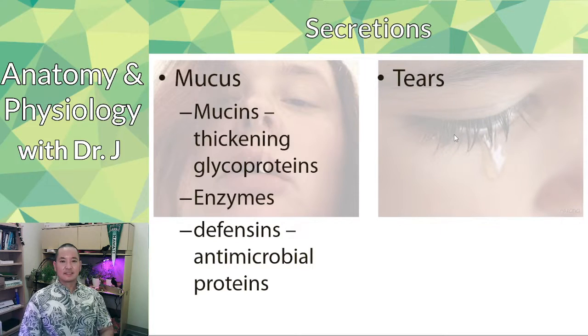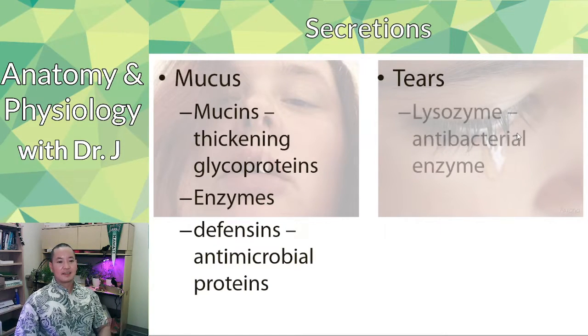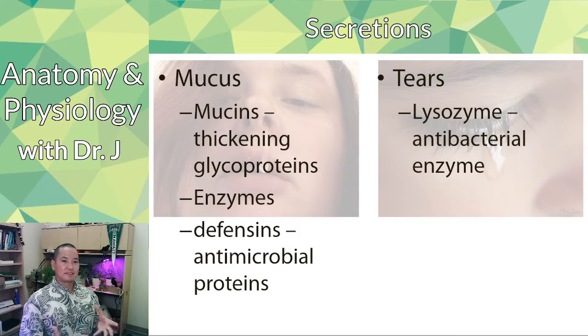Now tears, and you might be like, oh, tears, I just produce them when I'm sad or to keep my eyes wet. Well, they're also very important because, again, lots of bacteria love moist environments with any sort of nutrients. So your tears can also contain something called lysozyme. It's an antibacterial enzyme because, again, bacteria can land on your eyes all the time. But why aren't your eyes, hopefully your eyes aren't crusted with bacteria right now?